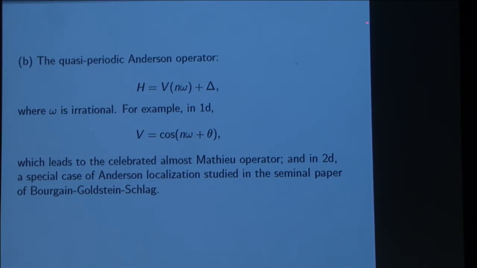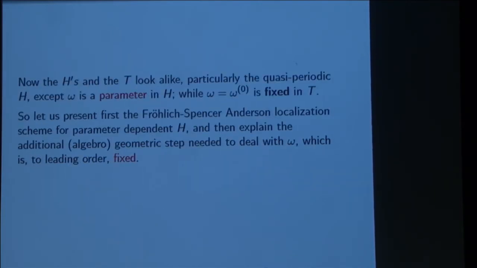It's not a fixed equation. Mine is fixed. That's the difference. In all the previous work I cited, omega is a parameter in H, while omega equals omega 0 is fixed for my problem, for the first step.